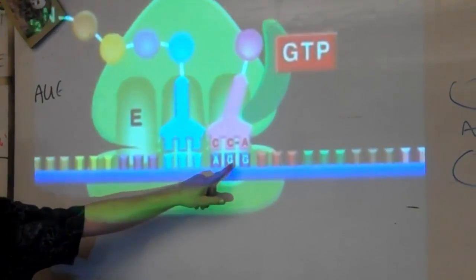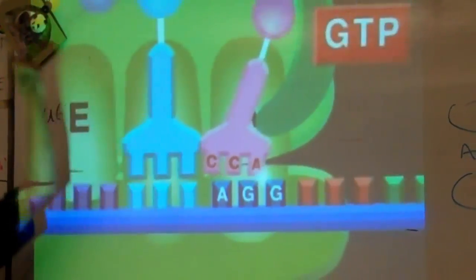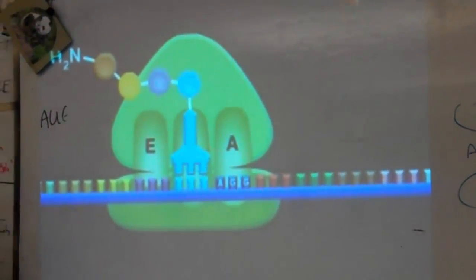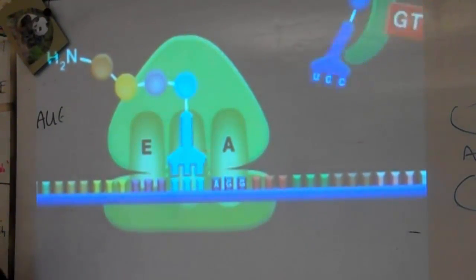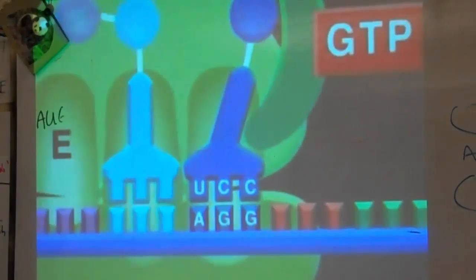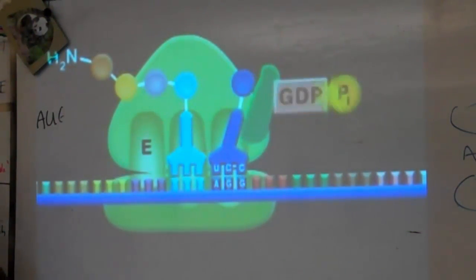In this case, this is AGG. That's CCA. That doesn't match, so it's going to leave. We were looking for one that says what? UCC, right? Here it comes. It's like trial and error. Well, sort of, yeah, they're sort of swimming all over the place in a way.